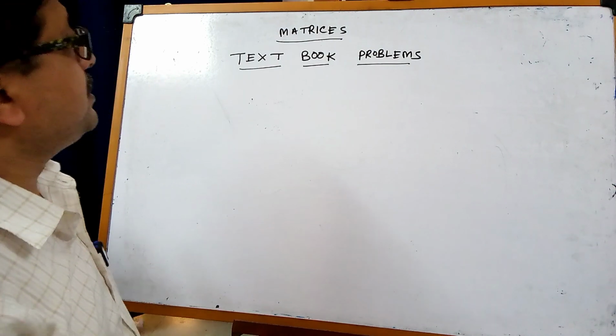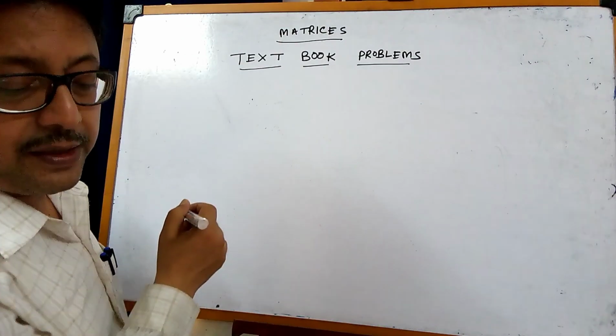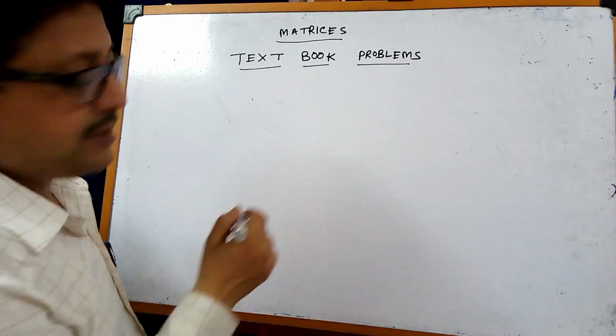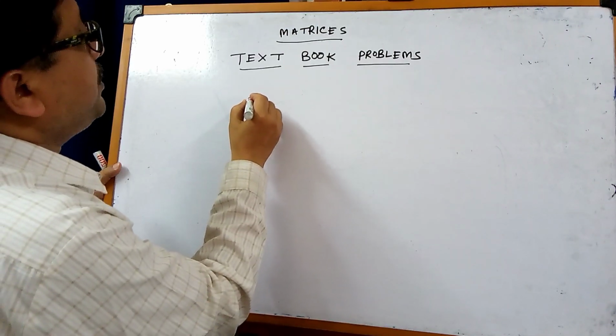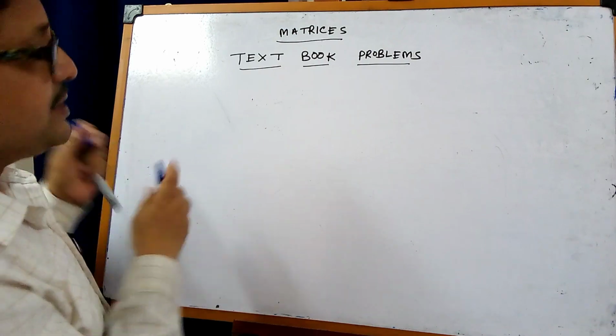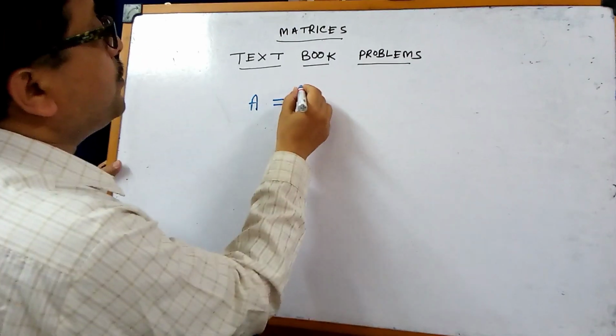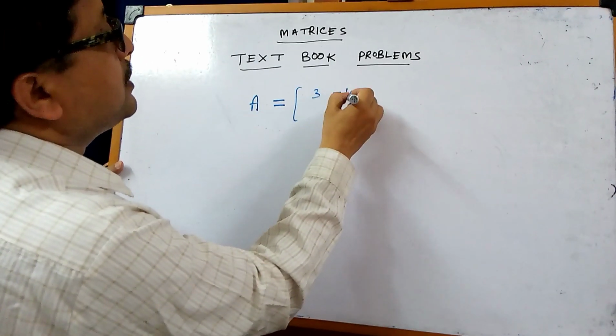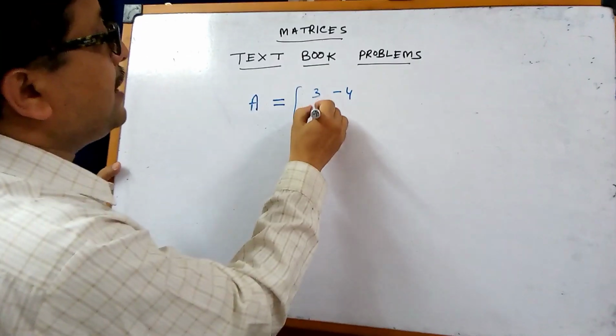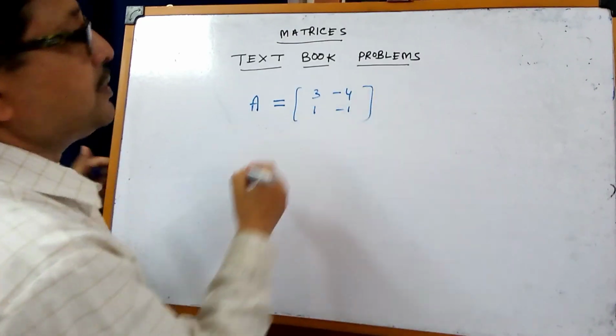Let me start with number 3, where the matrix A is given as 3, minus 4, 1, minus 1.